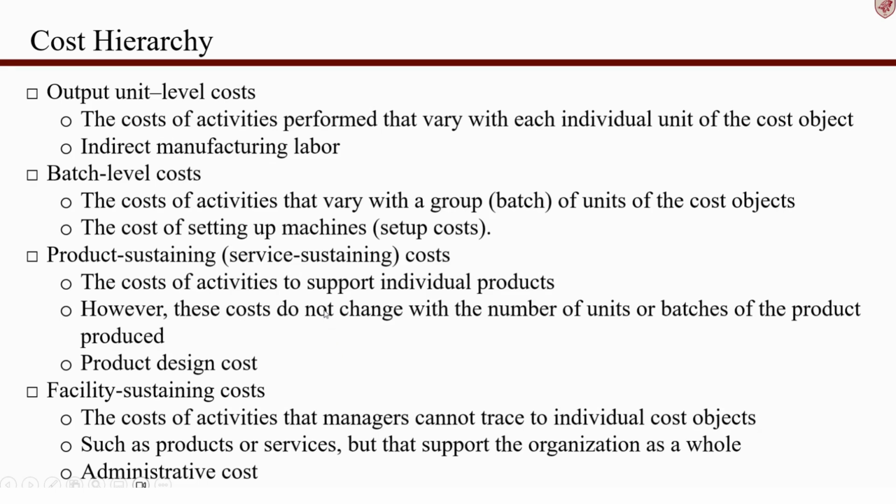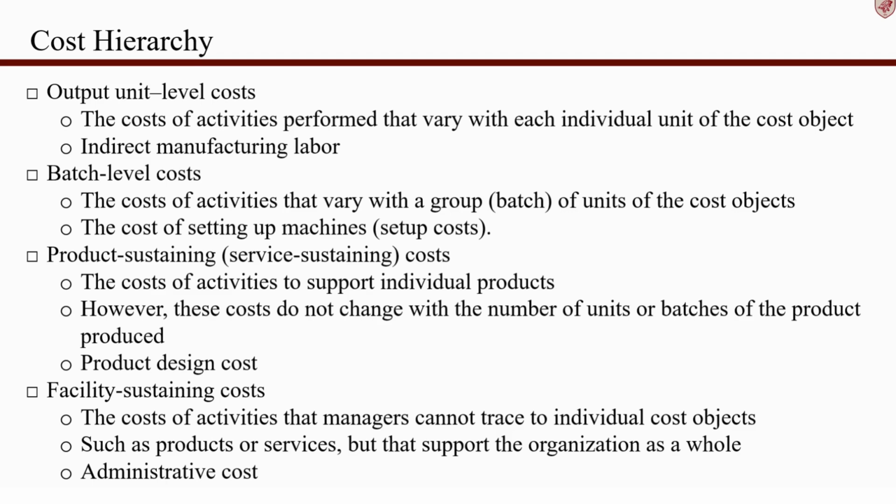To look at each type of cost more deeply, output unit level cost is the cost that varies with the individual units of products, right? One example would be indirect manufacturing labor cost, which would usually vary with how many units are produced. Okay.